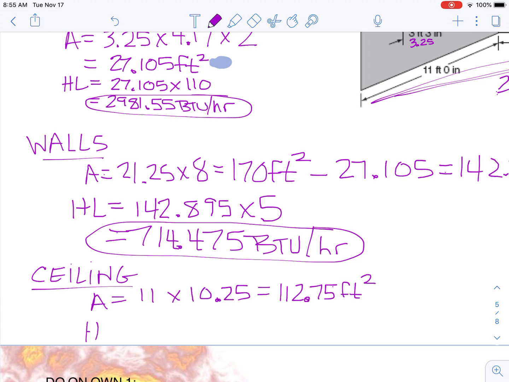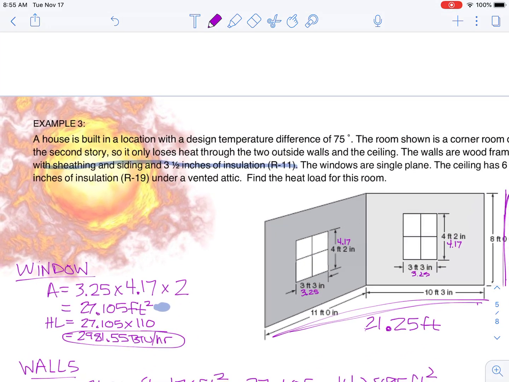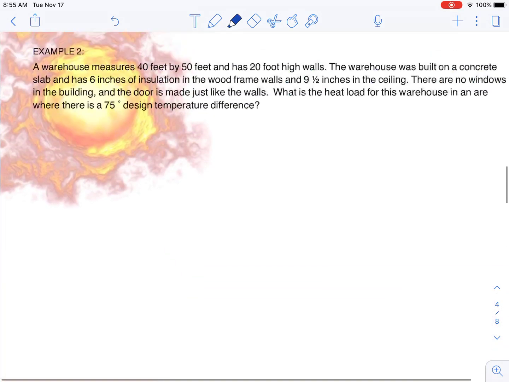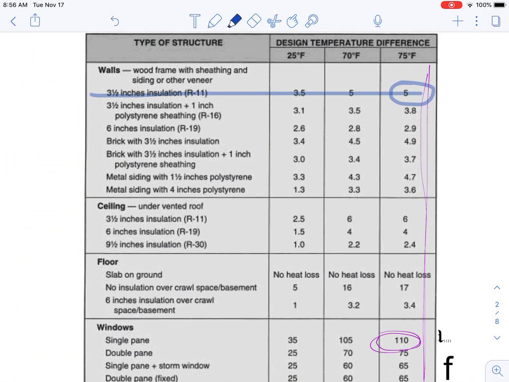And to do the heat load for the ceiling, I take the area and I multiply it by the coefficient. This ceiling says that it has 6 inches of insulation. So let's go back to our table and look at a ceiling. 6 inches of insulation.